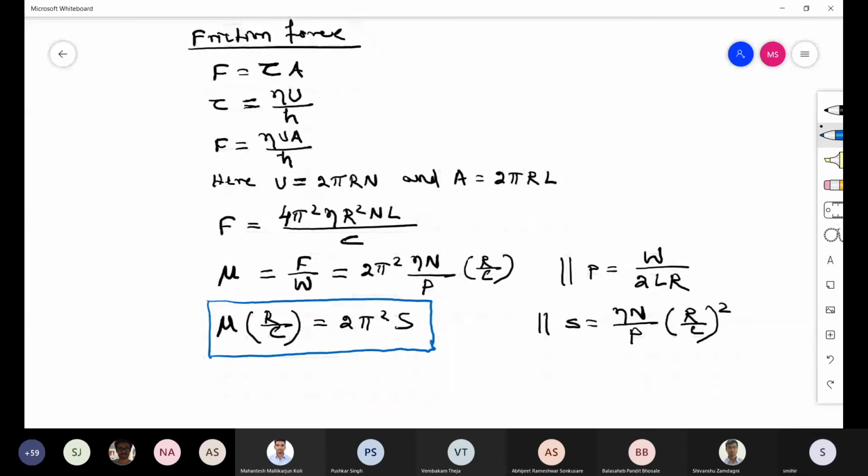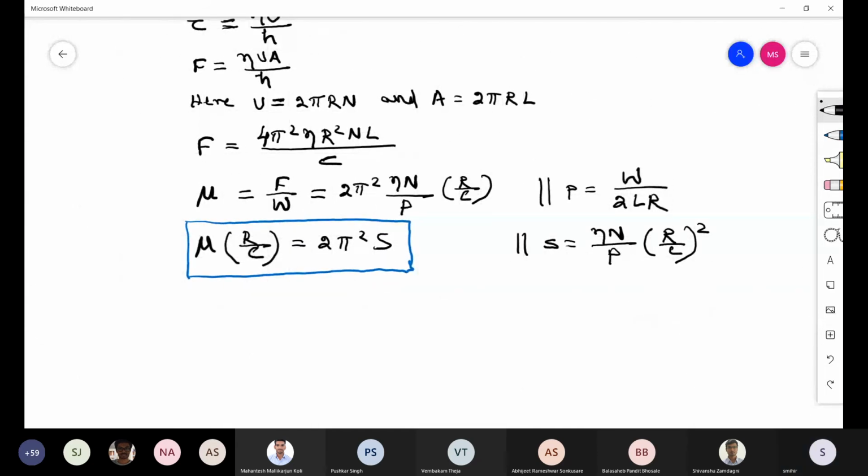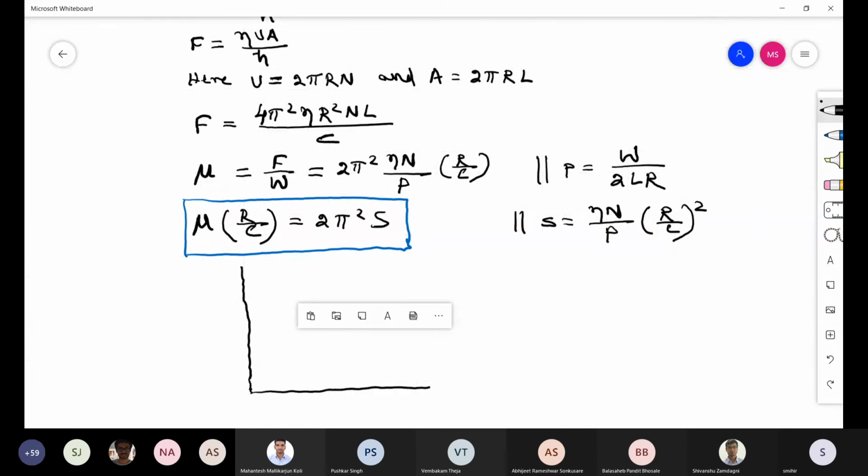Now if you draw this, this is mu R by C, this is S, the Sommerfeld number.